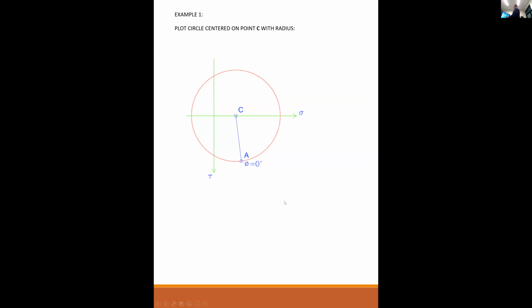And then we draw our circle. There's a center, there's a radius point, and you just draw a round circle from there. Again, in CAD, super simple. You just tell CAD center and radius, and it'll draw that automatically.